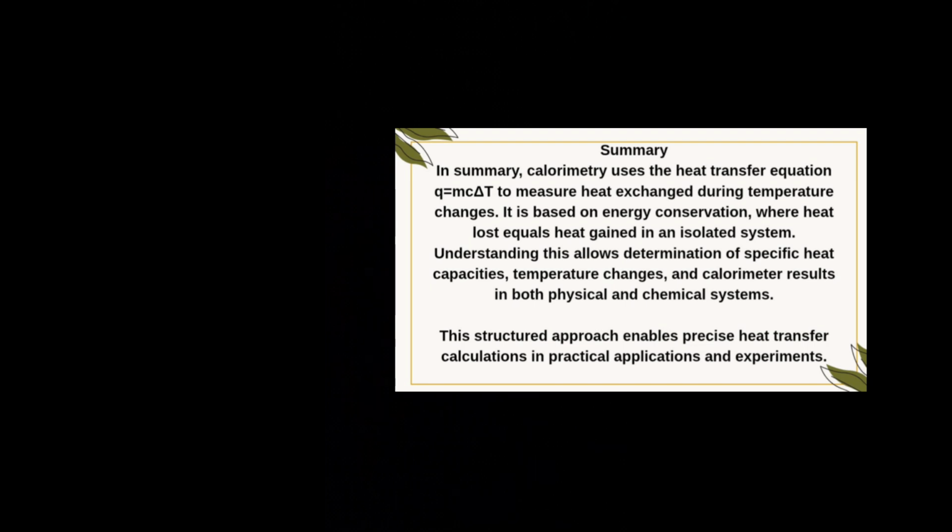In summary, calorimetry uses the heat transfer equation to measure heat exchange during temperature changes. It is based on energy conservation where heat loss equals heat gain in an isolated system.